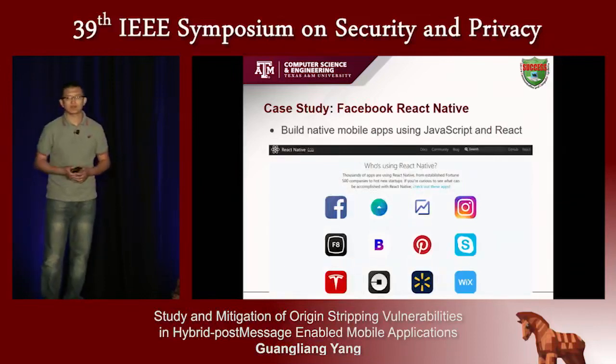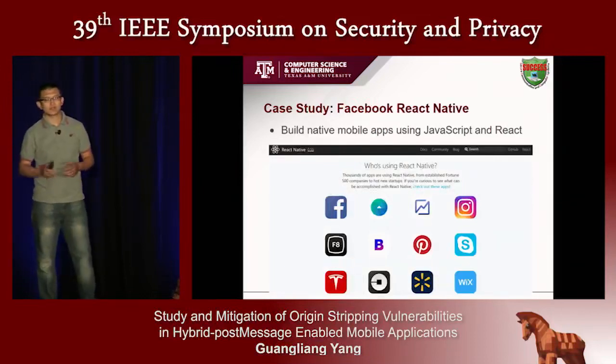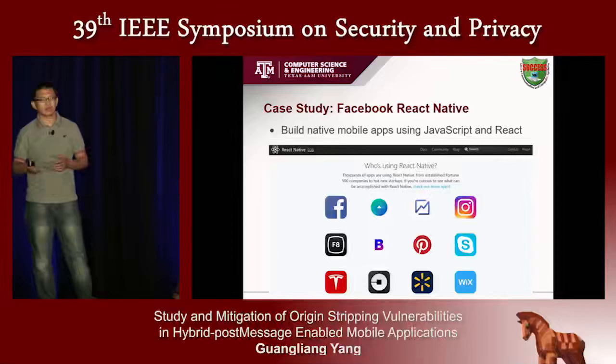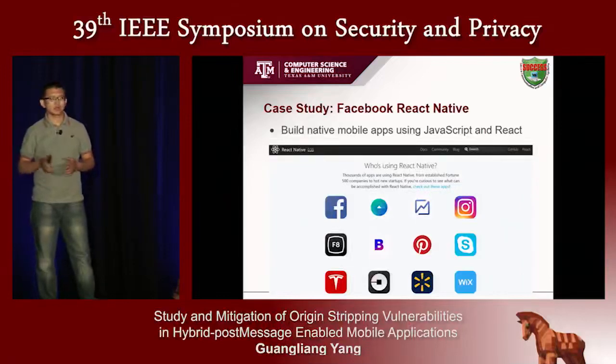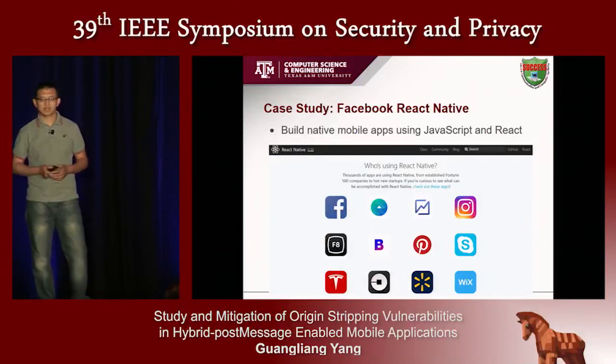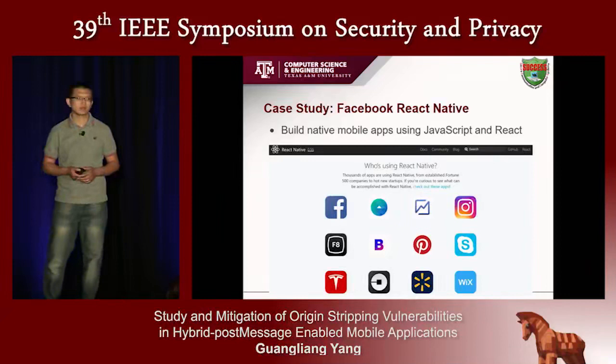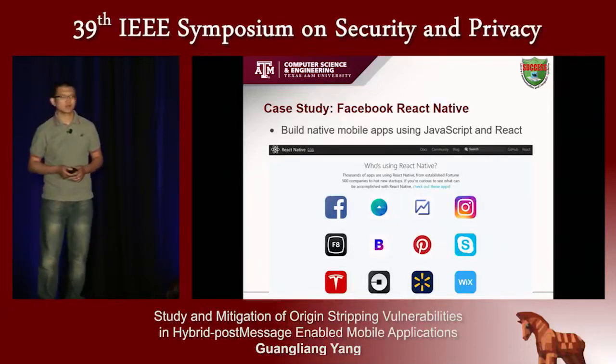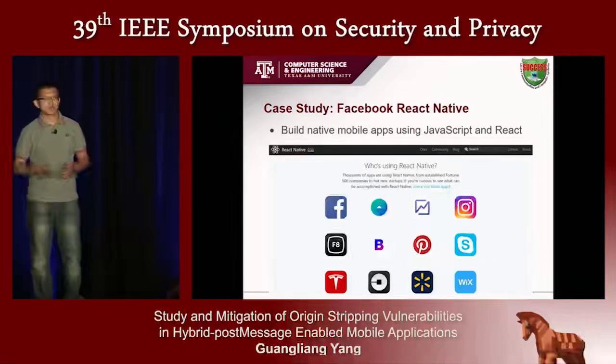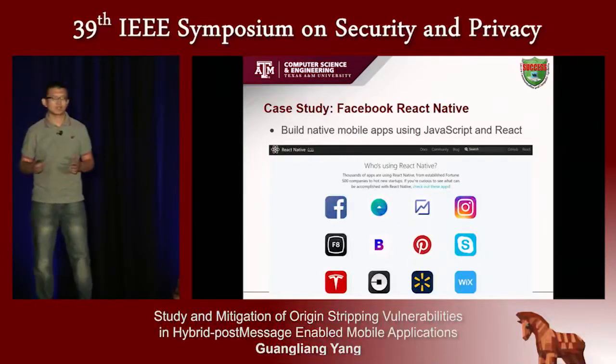Here I will use a case to demonstrate OSV and how OSV can be leveraged by an attacker in practice. The example is the Facebook React Native Framework. It is very popular. It is used to help developers build native mobile apps using JavaScript and React.